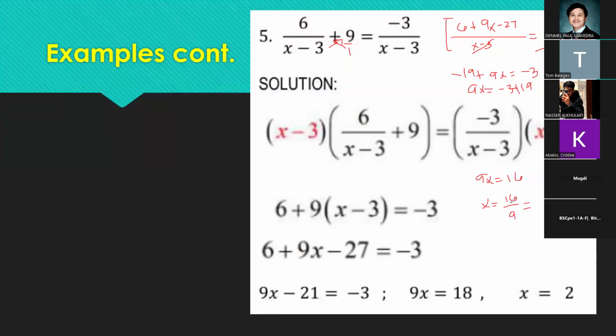Or multiply, pwede pa ba? Bakit parang may mali ako? Let me just check. The answer here is 2. 27, negative 27 plus 6 is negative 21.